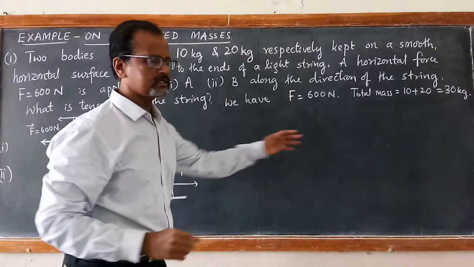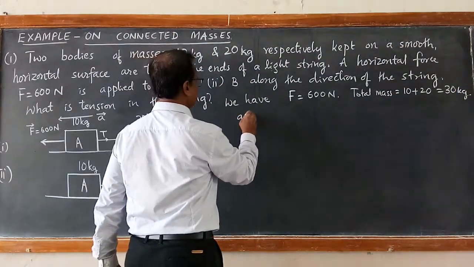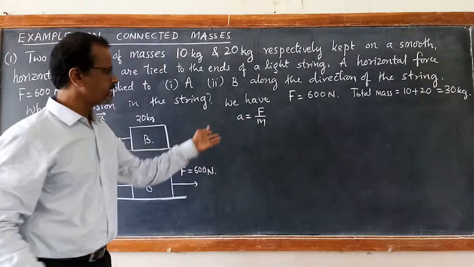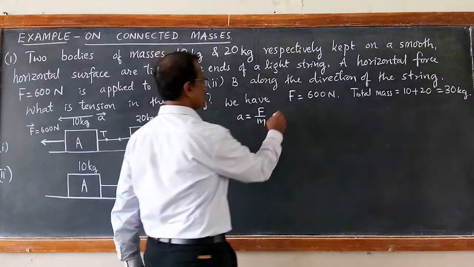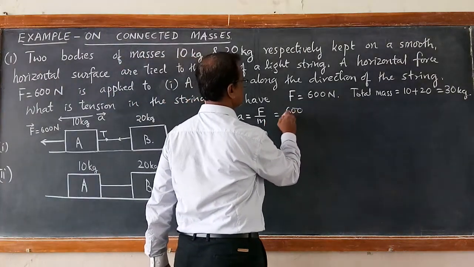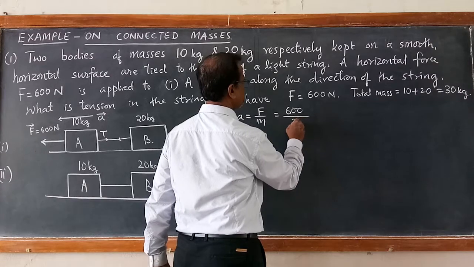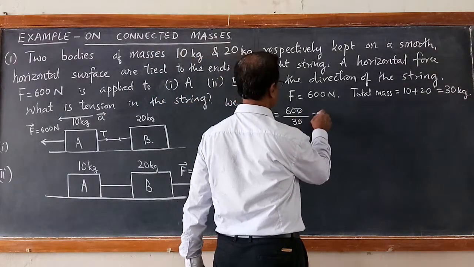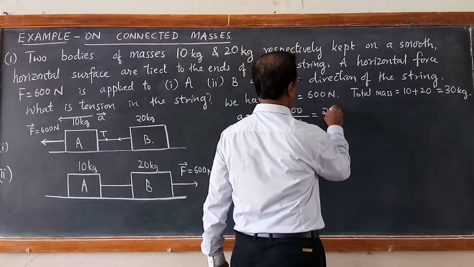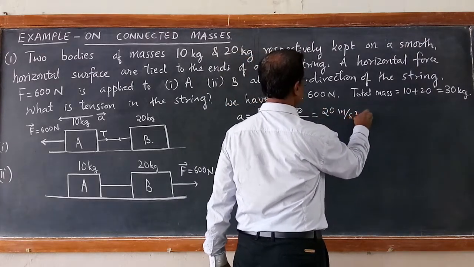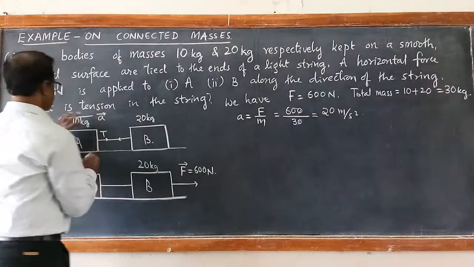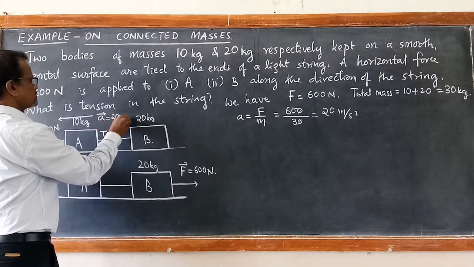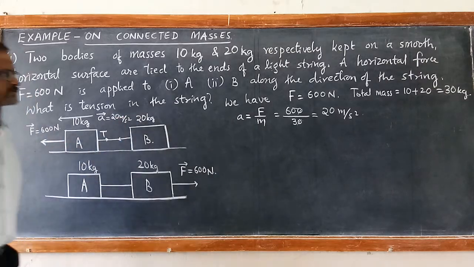Therefore, using Newton's second law, acceleration A is equal to F by m. Since F is equal to ma, A is equal to F by m. So it becomes 600 divided by 30 kg, therefore it becomes 20 meter per second square towards the left side.